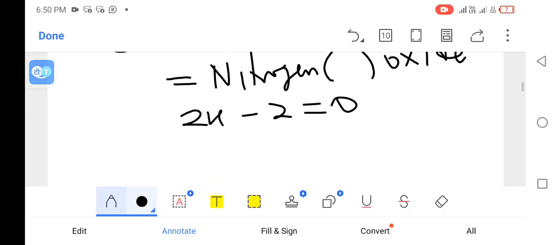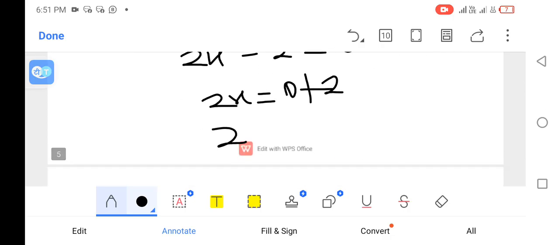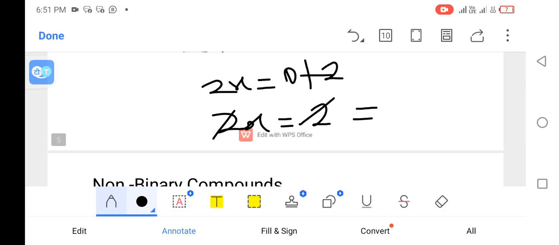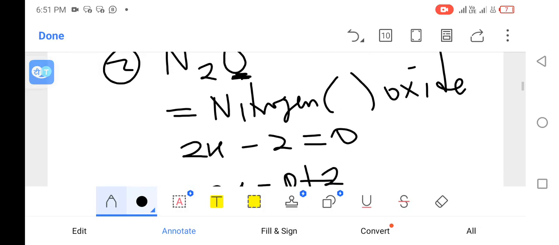Collect like terms, all numbers come to your right hand side. That'll be 2x equals 0 plus 2, which means 2x equals 2. If you divide, x cancels x, and it gives us 1.